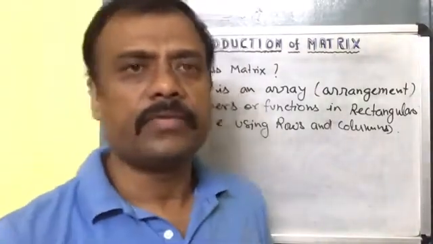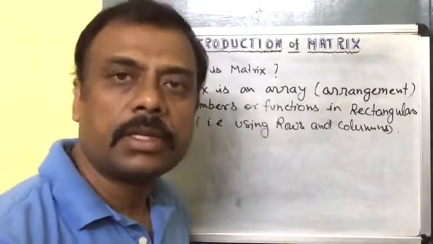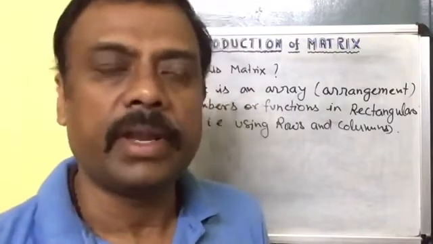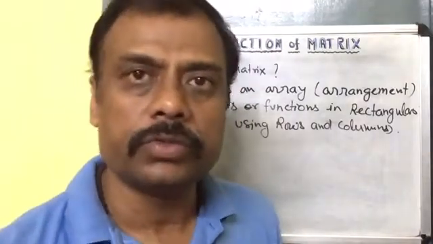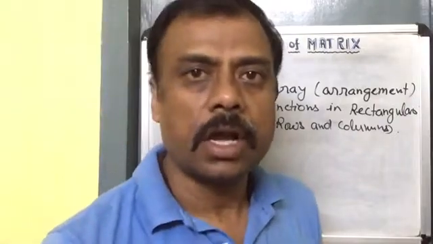There are many. So for example, in our daily life situation, we have seen the timetable. In school, we use a timetable. That is also an example of a matrix. How is it?